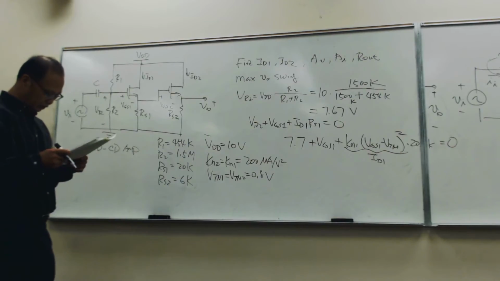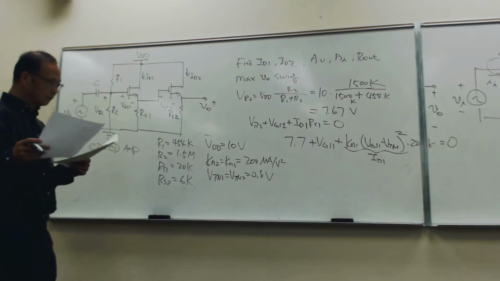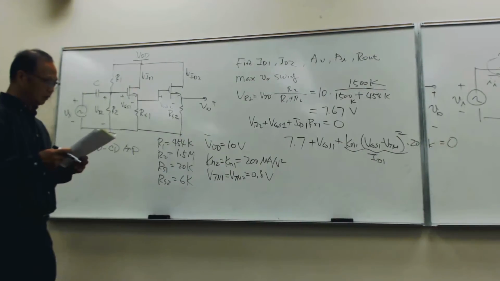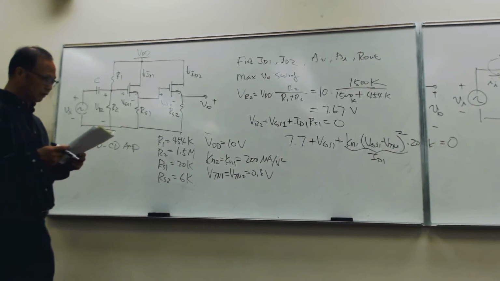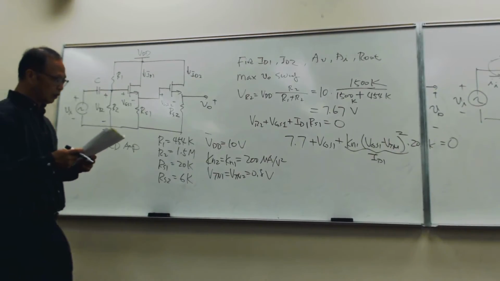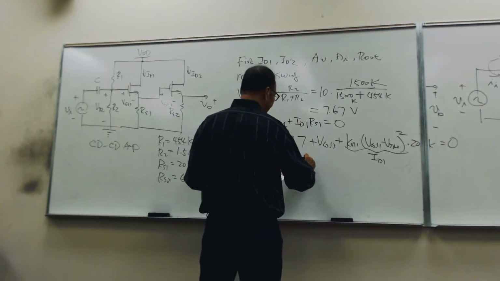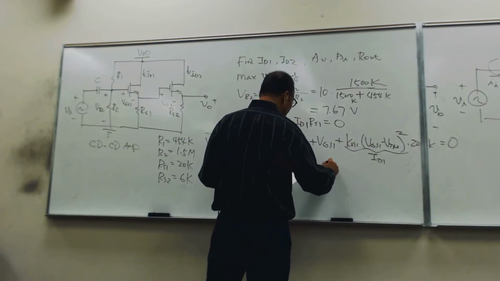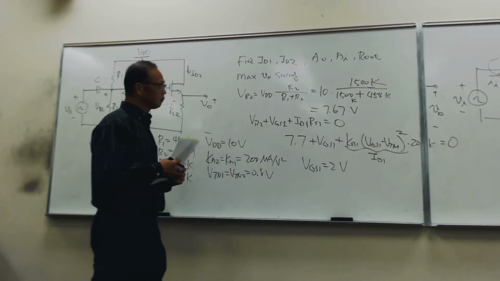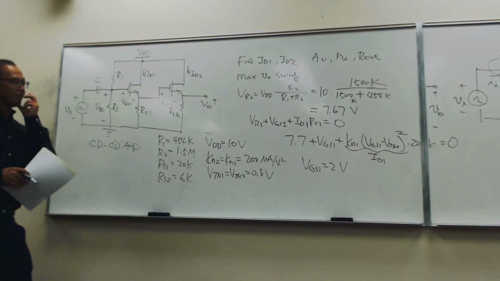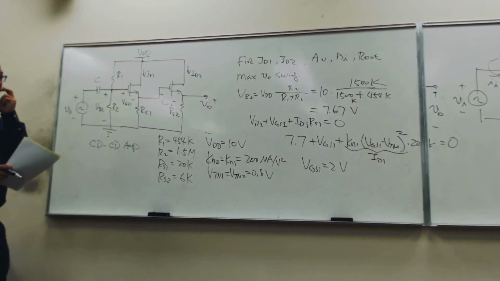So from this equation, you can calculate VGS1. Let me see what I got for VGS1. I got about 2 volts. Of course, you should go and double check.